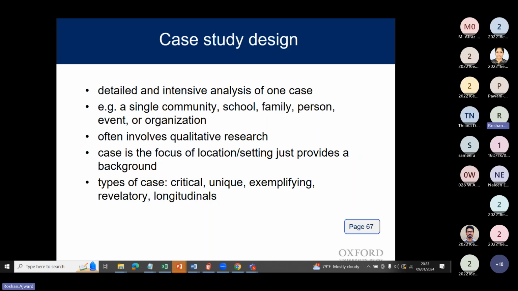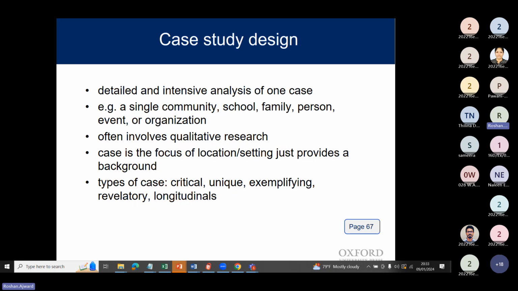Say, for example, I want to see why JKH is an extremely successful company. So I take only JKH and study it in depth, meaning I'm going to go and question them, interview them, give them questionnaires, and look at their documents.